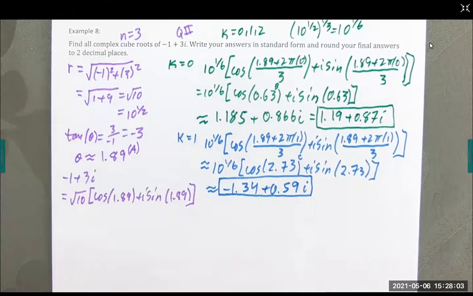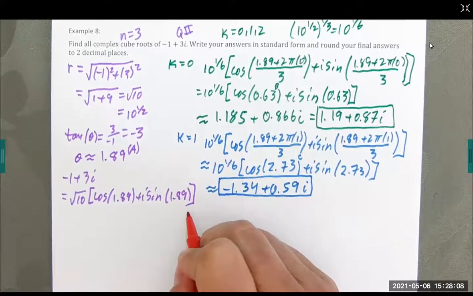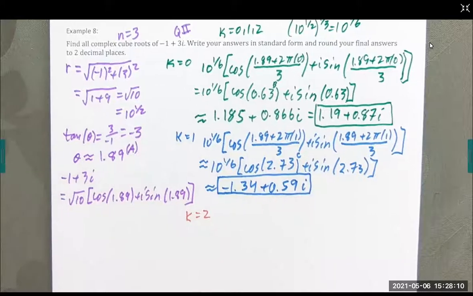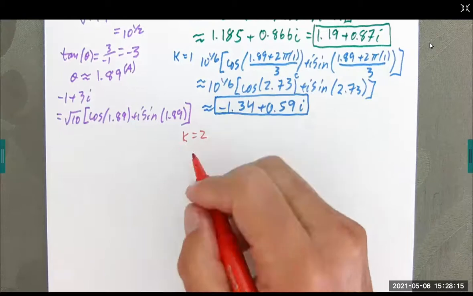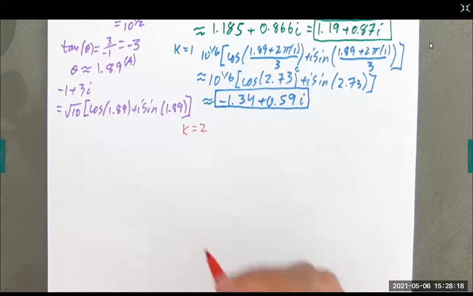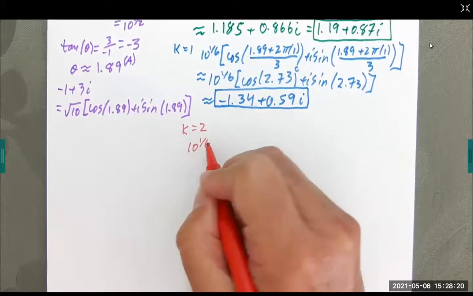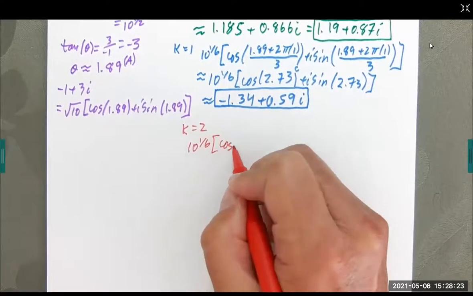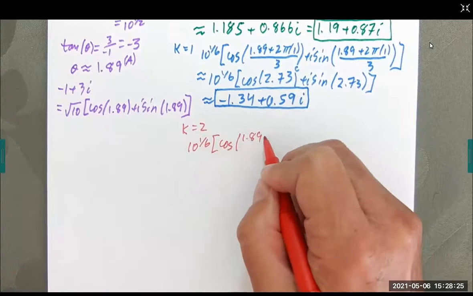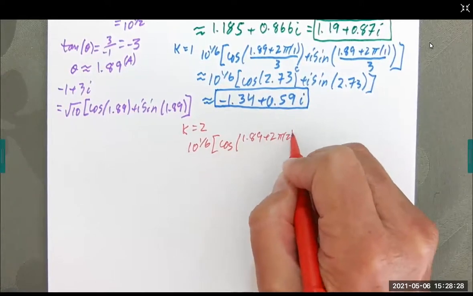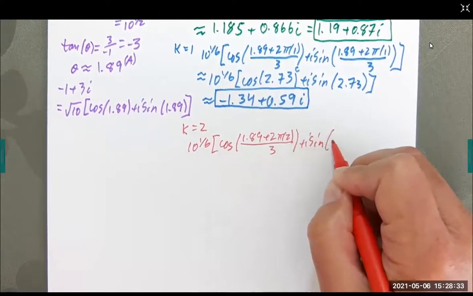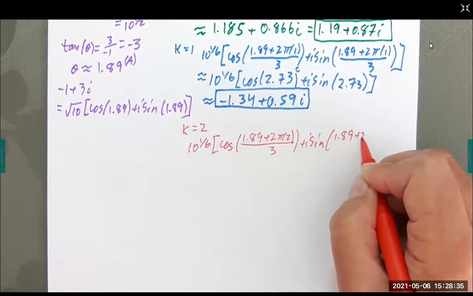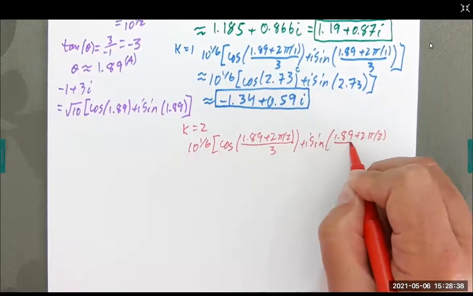Our third answer is when k is now 2. Scooch that up a bit. Well, this is going to be 10 to the 1/6 times cosine of 1.89 plus 2 pi times 2 all over 3 plus i sine 1.89 plus 2 pi times 2 over 3.